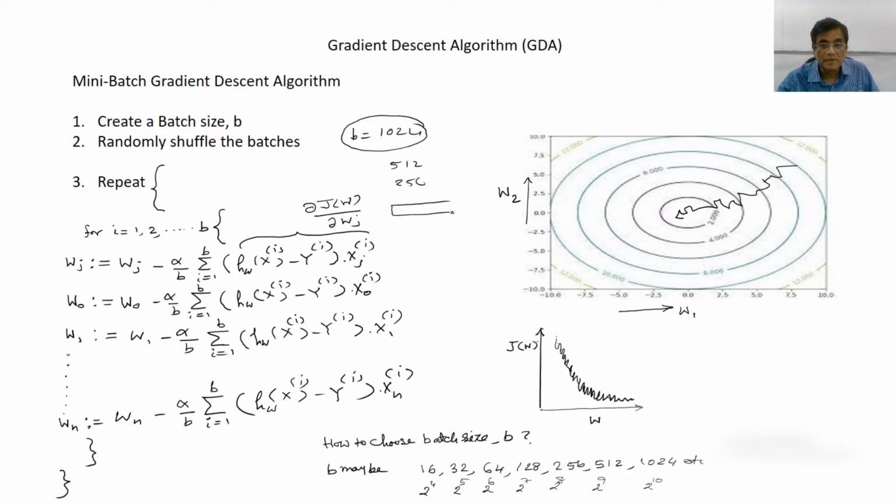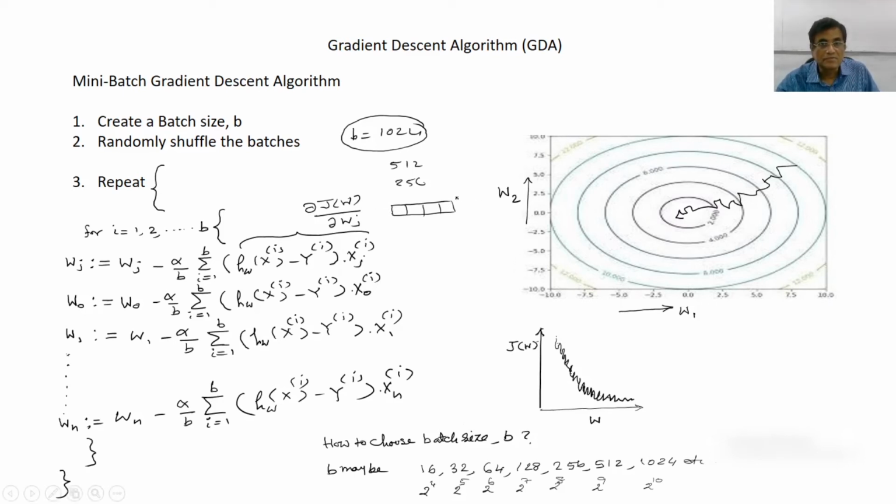Normally this is a 1, 2, 3, 4 bit register, we call that a register, or memory. Nowadays computers have 16, 32, 64 bits, more than that. If you have a GPU with, say, 1024, that's the bit size, so that the batch can be kept at a time within that register.